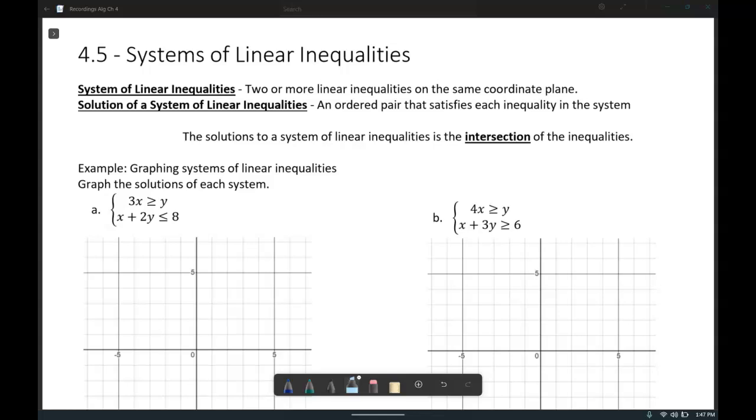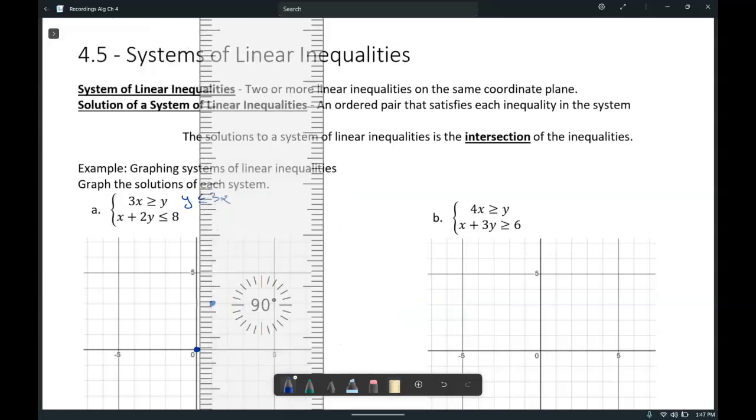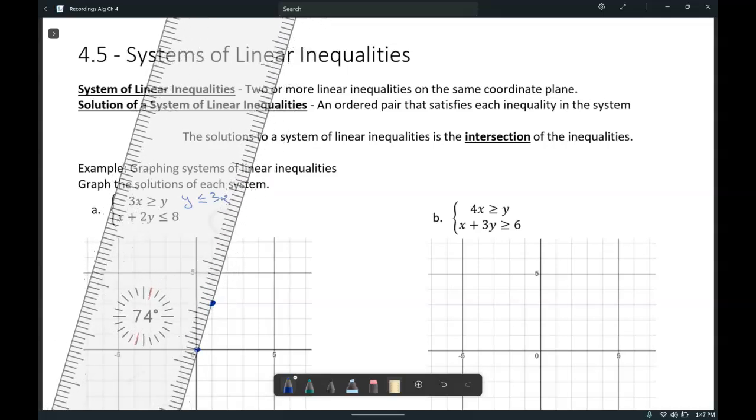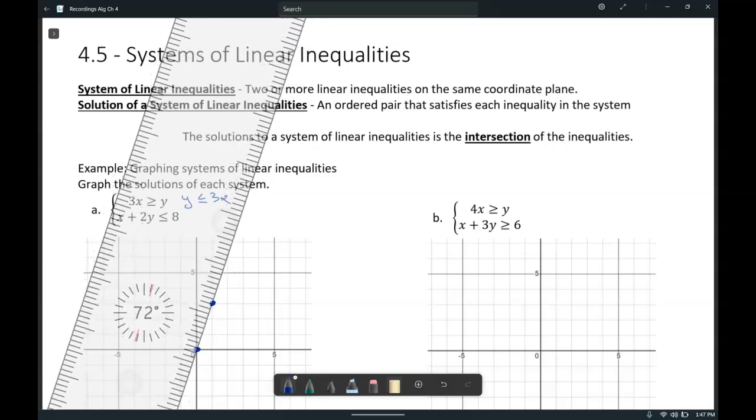Again, I find it easiest to put these into slope-intercept form, make it much simpler to graph these. Our first one's already in slope-intercept form. We have y is less than or equal to 3x. So we start at our origin, and we have a slope of 3. Now remember, we have dotted and solid lines for our system, so we need to make sure that we're paying attention.